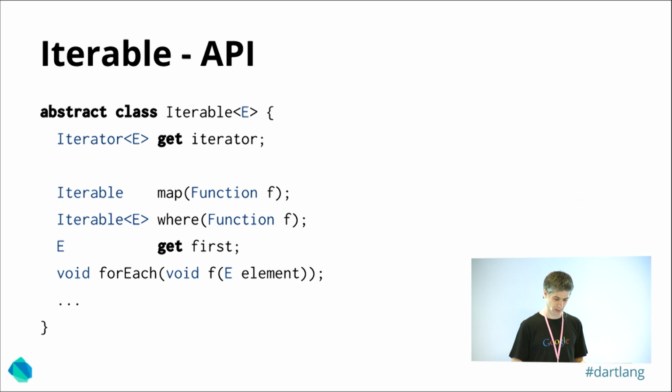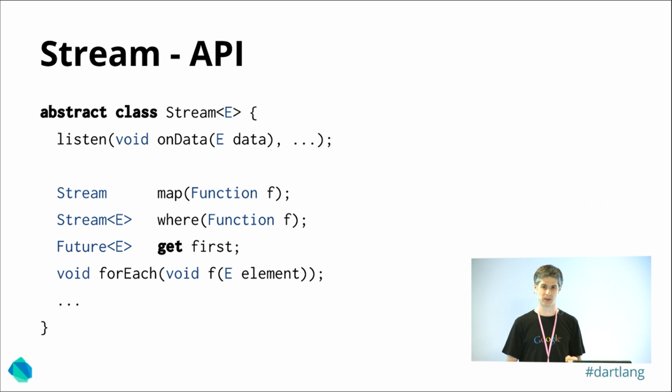If you look at the stream API, it's almost the same. We replaced the iterator with onListen, the callback, but all the other functions, map, where, first, and forEach, are all still there. Clearly, they cannot return the same values because they don't have those values yet, so they need to return futures and streams in cases where we had values and iterables. But it's really the duality between an iterable and a stream.